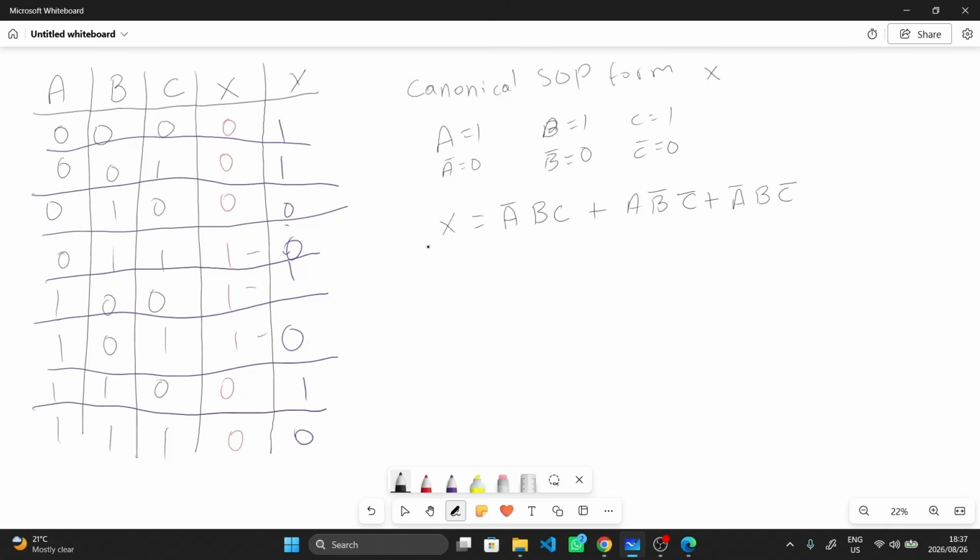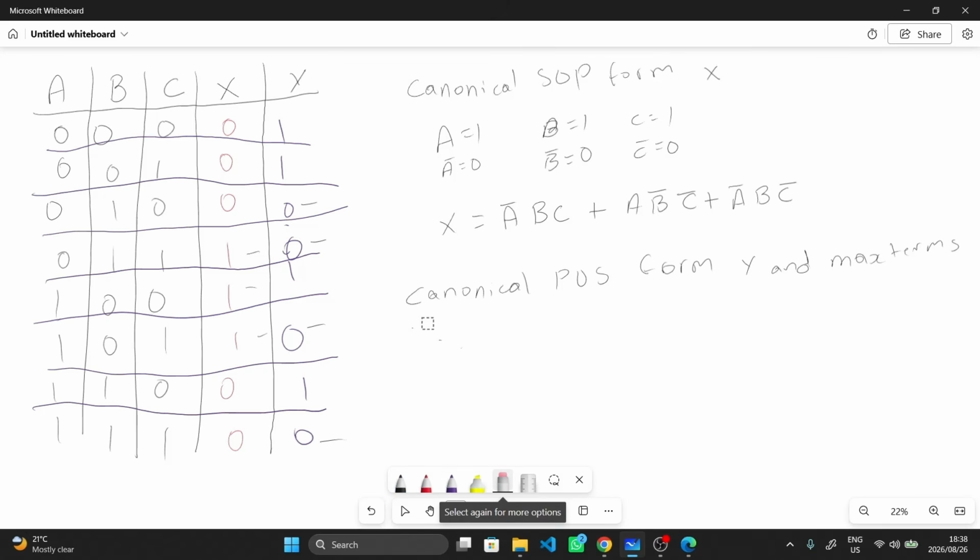And let's just say this canonical POS form for Y and the max terms, right? So canonical POS form for Y will be everywhere where there are zeros, right?